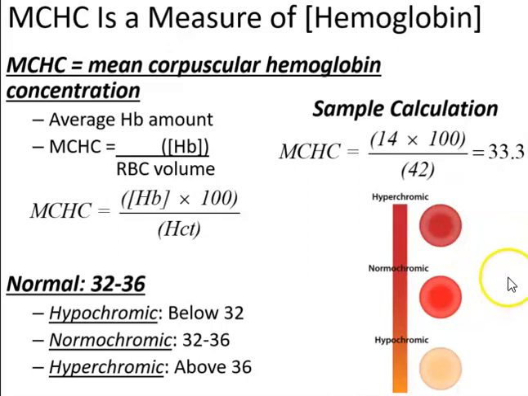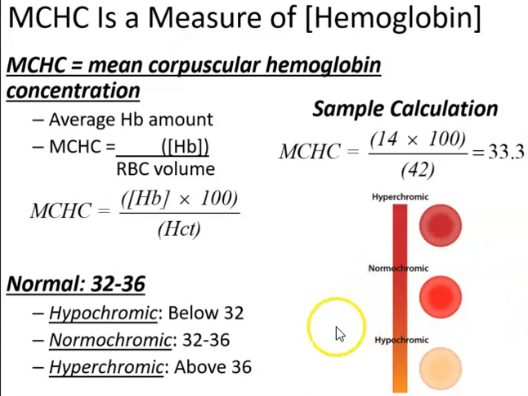And also we can see whether or not it is within normal based on the color. So we know that hemoglobin concentration affects the color of the cell. The more hemoglobin, the darker the cell. So if we have, for example, an MCHC within normal range, so that is between 32 to 36, we consider the erythrocyte normochromic, so a normal shade of red.